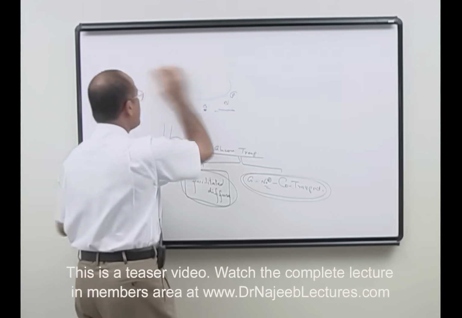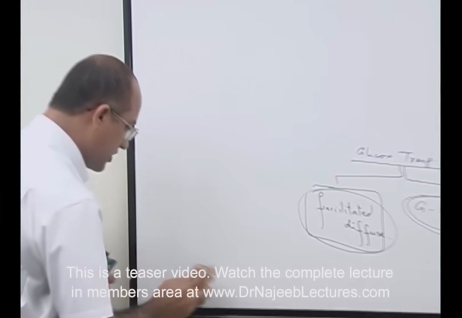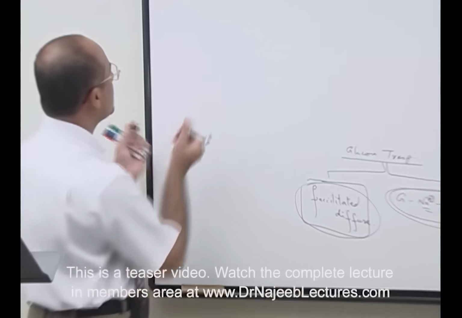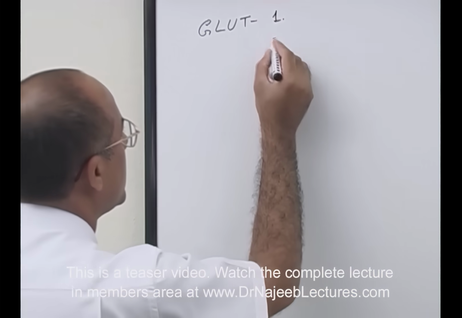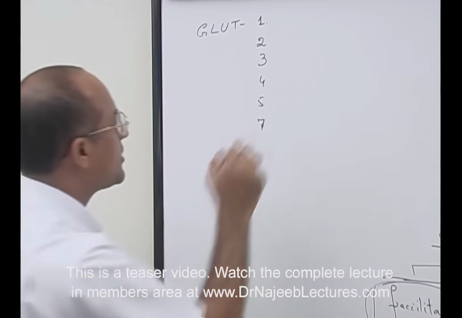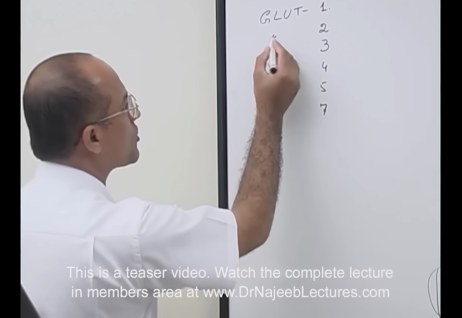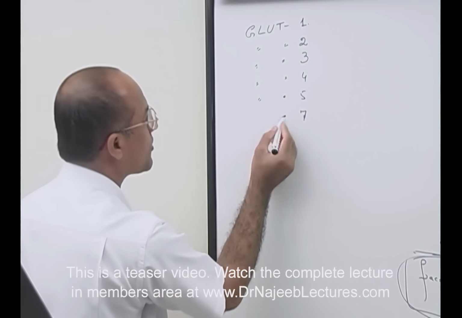For example, there are type 1 glucose transporters. Some of these glucose transporters you are supposed to know: type 1, 2, 3, 4, 5 and 7. These are the minimum types you are supposed to know.